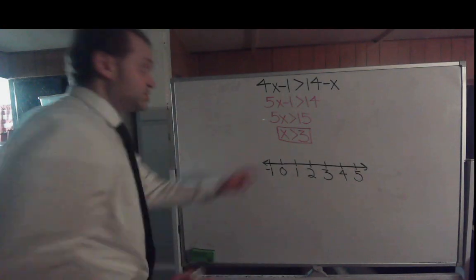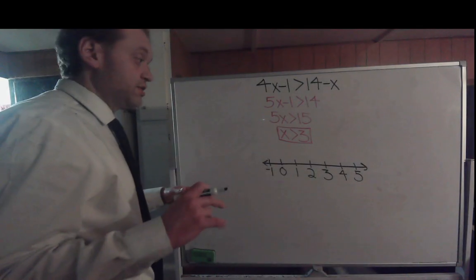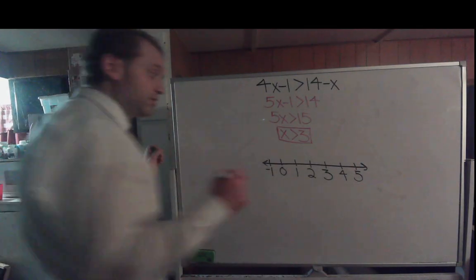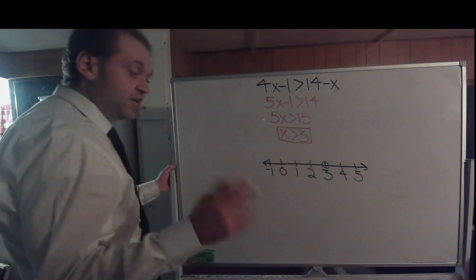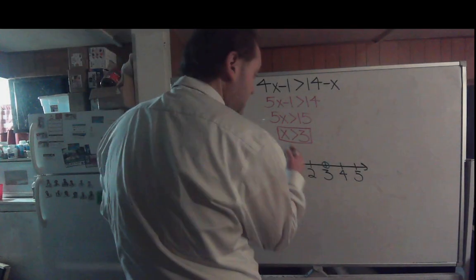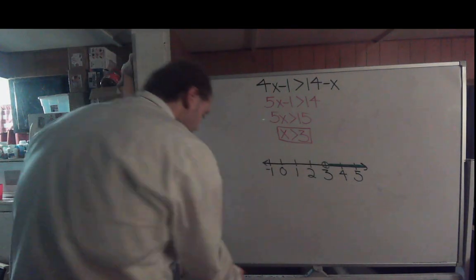So x is just greater than 3, which means it does not include 3 in your solution. So since it's just greater than 3, you'll put an open circle at 3 and not shade it since it doesn't include 3. And since x is greater than 3, you'll shade everything to the right of 3 to denote your solution.